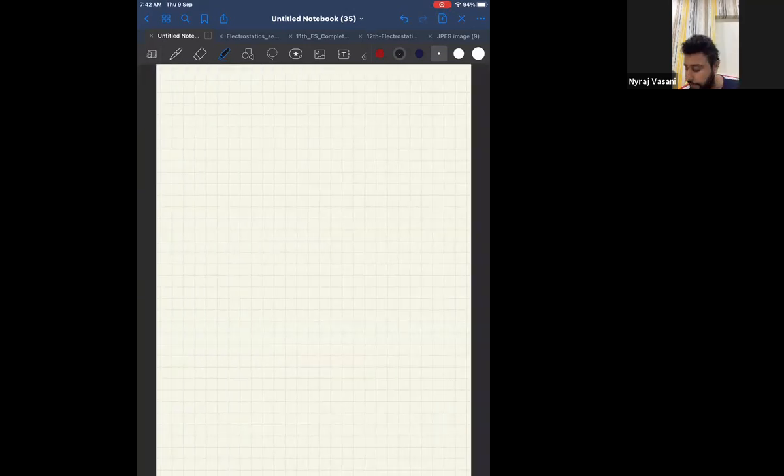Now with that, come to page number 23. If you want, you can make a note in your notebook: path length is equal to 2A, where A stands for amplitude itself.